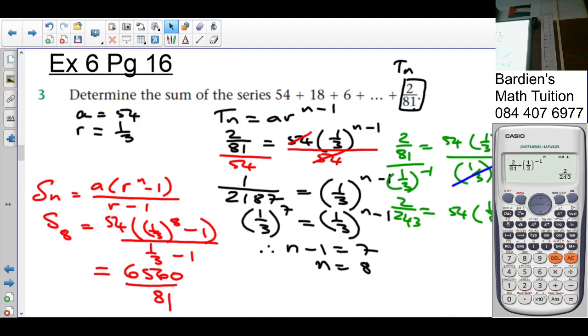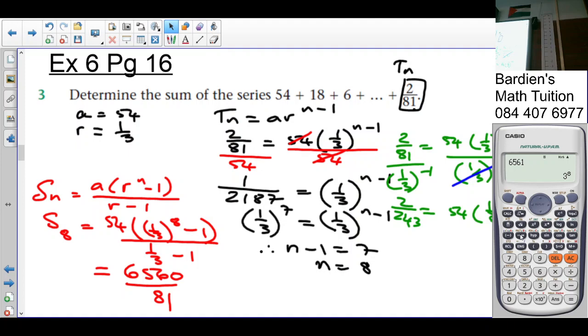So if I divided that answer by 54, then I would have gotten 1 over 6561. Then I would expect that to be 3 to the 8. Yeah, 3 to the 8. Then you would have gotten the same answer.